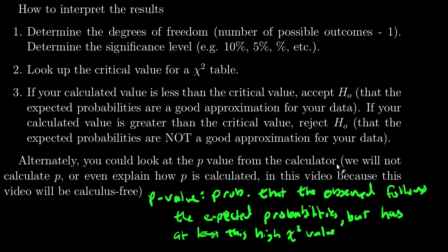But the calculator will give it to you. So you can use this without having to look up a table to show that, okay, if the probability is 3% and I want a 5% significance level, then I can reject the null hypothesis because I am at a less likely point than my significance level.